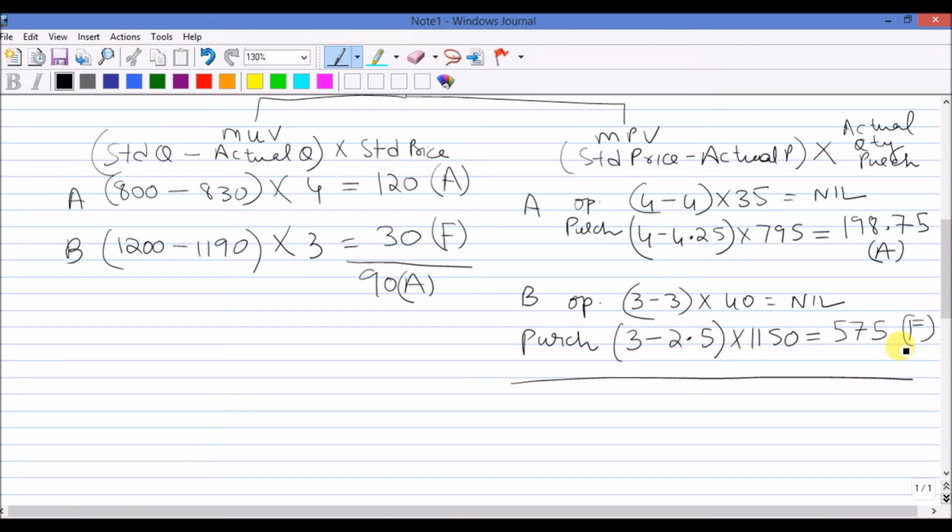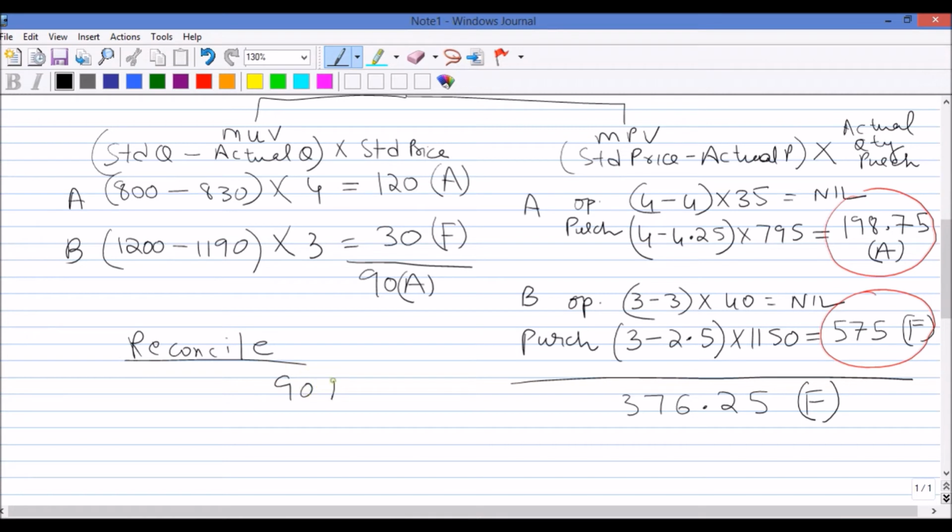And what is the net effect? This and this together. So favorable minus adverse, 575 minus 198.75 is going to give me 376.25 favorable. Okay, I'm going to reconcile here.